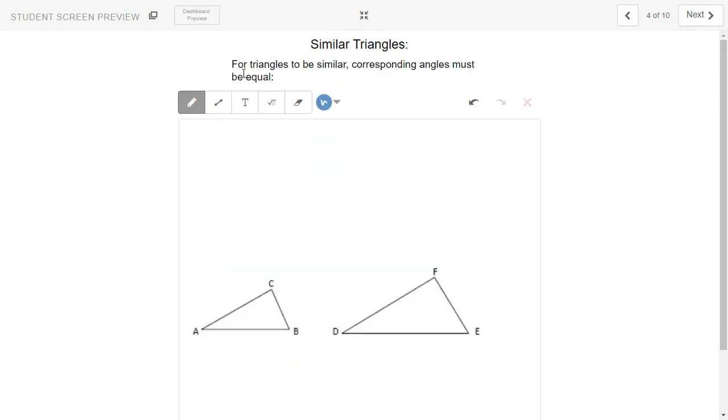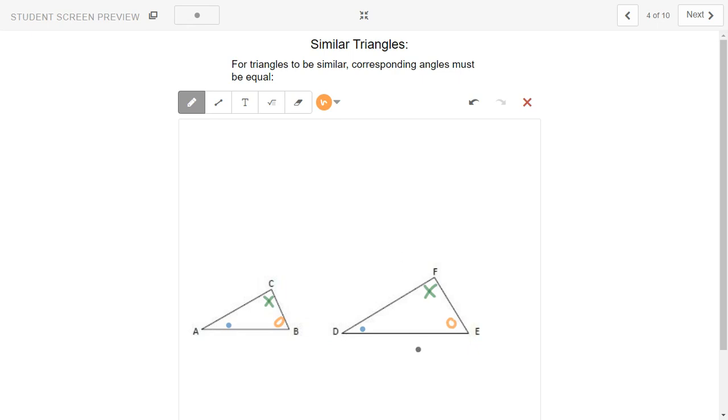Similar triangles. For triangles to be similar, corresponding angles must be equal. Now, when I'm saying corresponding angle, I have angle A is equivalent to angle D. Angle C is the same as angle F. And if I know that these two angles are the same, it follows that my third angle is also going to be the same.